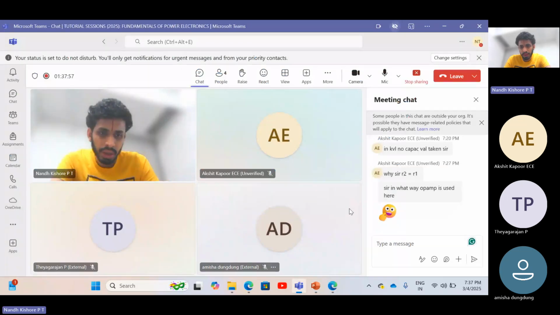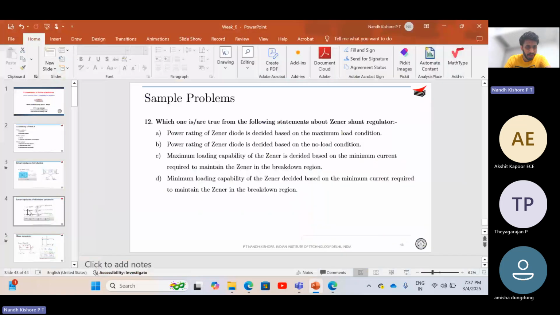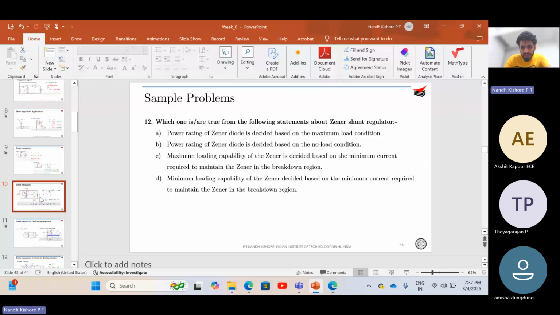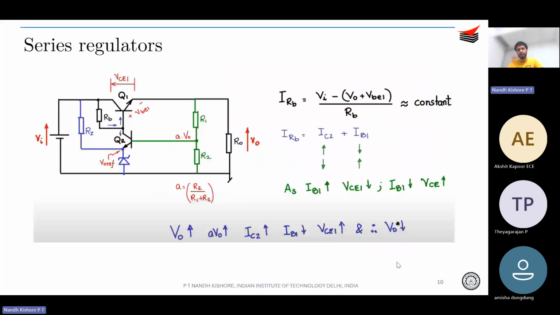So in what way is the op amp used here? Let's go back to some basics. This is the series regulator that you are aware of. You want to drop some voltage across Q1, and for that you need to bias Q1 properly, that is, inject or sink proper bias current to Q1.